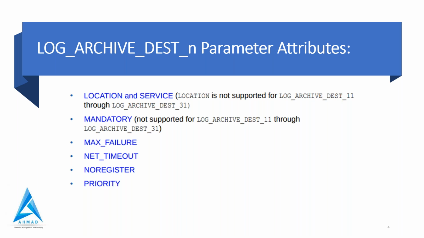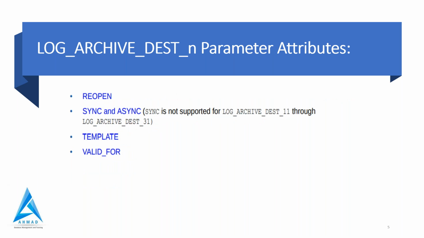The MANDATORY keyword is also not supported for log_archive_dest_11 to 31. Then MAX_FAILURE, NET_TIMEOUT, NOREGISTER, PRIORITY, REOPEN, and SYNC and ASYNC. SYNC is not supported for log_archive_dest_11 to 31. And then TEMPLATE and VALID_FOR.